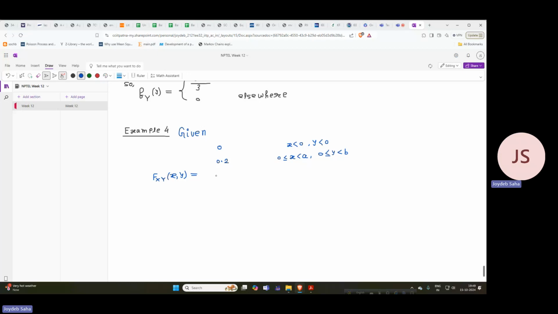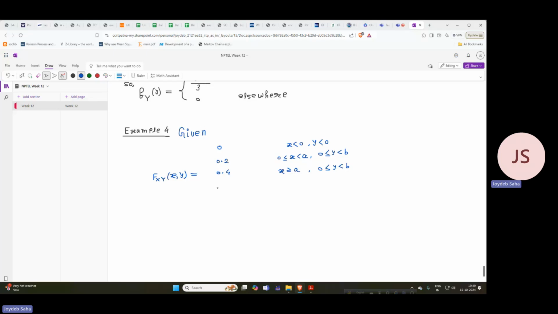Fine. 0.4 for x greater than or equal to a, and the y value is 0 less than or equal to y less than b.